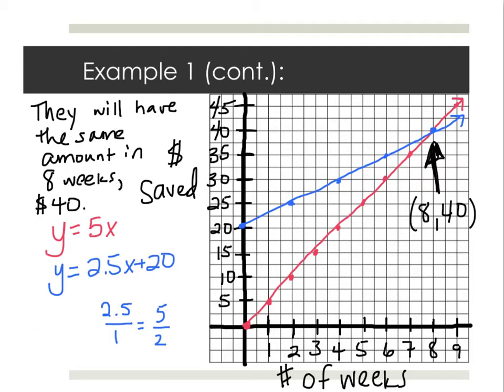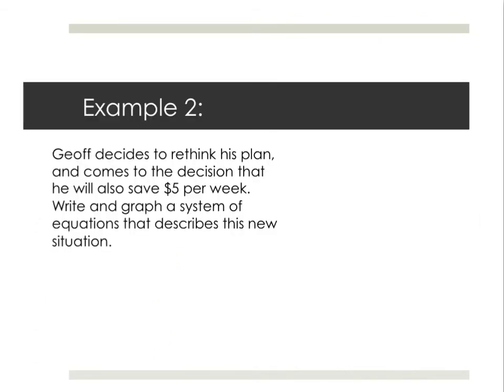Let's take a look at the other types of systems, continuing our story of Jeff and Gary. Okay, Jeff decides to rethink his plan, and he comes to the decision that he will also save $5 per week. So again, we're going to write and graph a system of equations that describes our new situation here.